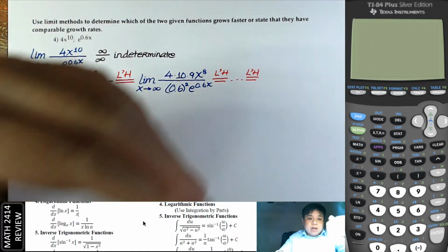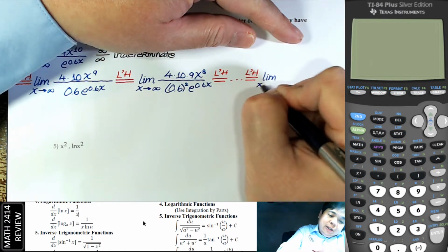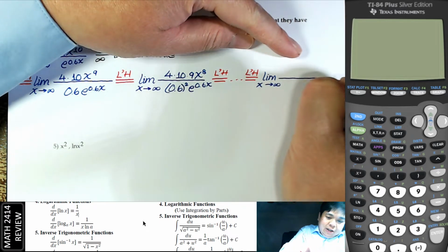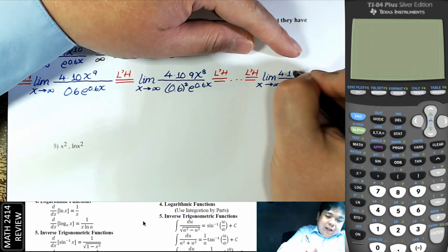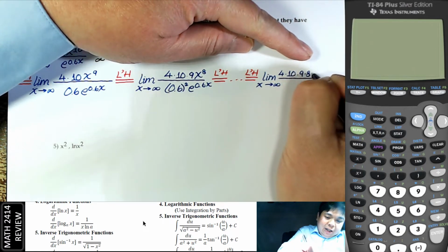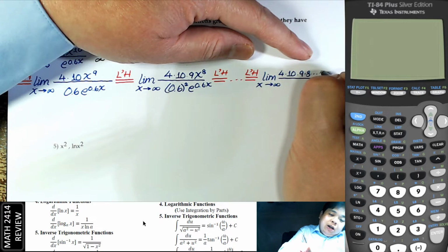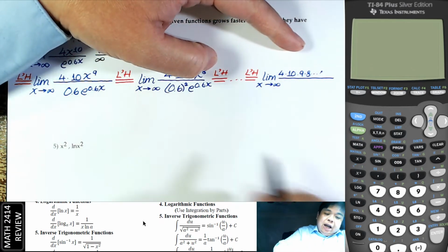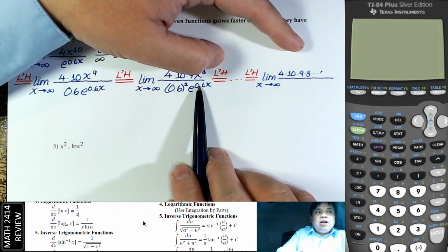Essentially, we'll take derivative until we see that we have 4, 10, 9, 8, all the way until we bring down 1, until we have derivative of x squared, which is 2x, derivative of 2x.